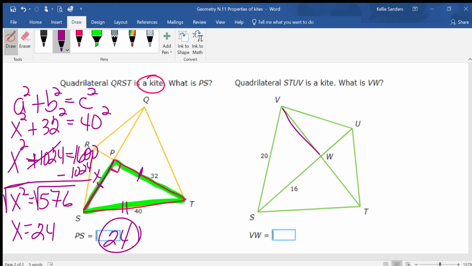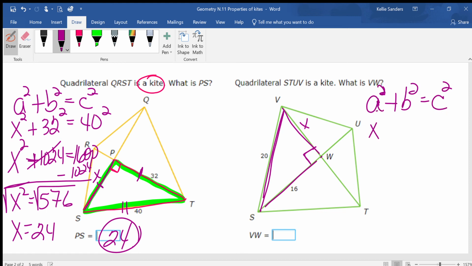We're looking for VW. This is a kite, so there's a right angle, and here's my other two sides. I'm going to name that X again. A squared plus B squared equals C squared. X squared plus 16 squared equals 20 squared.